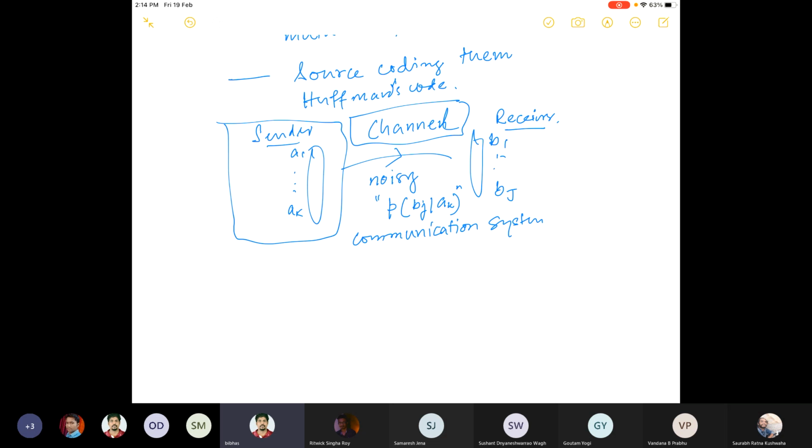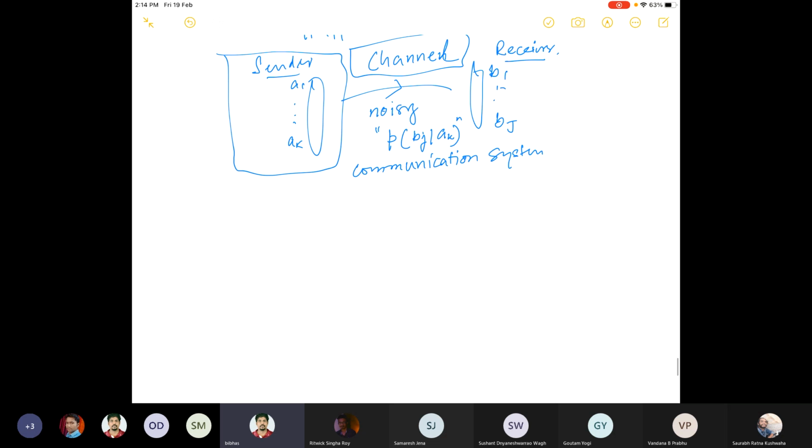There are many kinds of channels, but right now we'll only focus on something called a discrete memoryless channel. Earlier we had a discrete memoryless source, where if you create a source sequence, the letters, the terms of the sequence, are statistically independent.